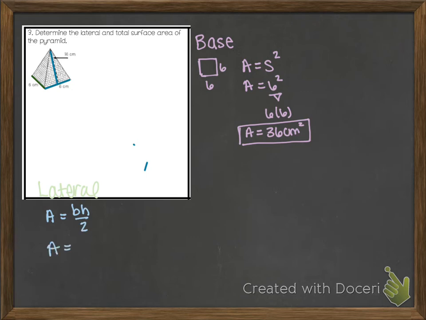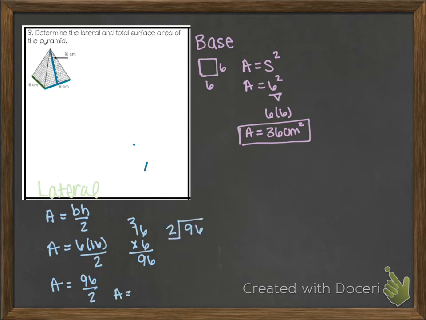Area equals 6 times 16 divided by 2. 6 times 6 is 36. 6 times 1 is 6 plus 3 is 9. Area equals 96 divided by 2. 2 goes into 9 4 times, minus 8 is 1 left over. Bring your 6 down. 2 goes into 16 8 times. Minus 16 is 0. So it equals 48 centimeters squared.